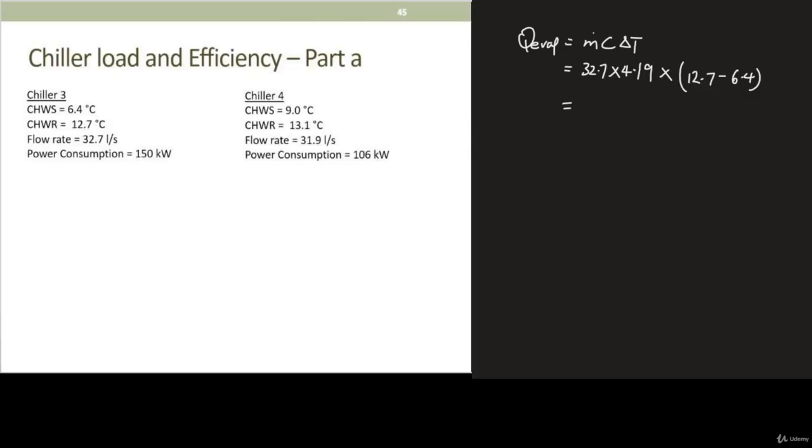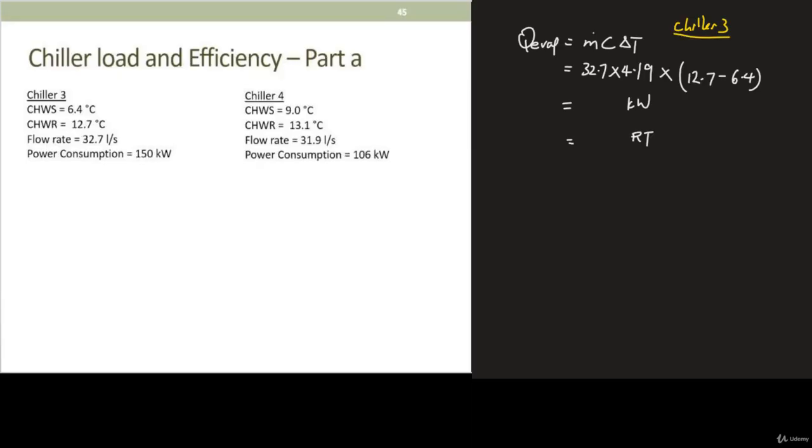You just need to compute this out. You will get your answer in terms of kilowatts, and you need to divide by 3.517 to get your answer in terms of RT. So that is for chiller 3.